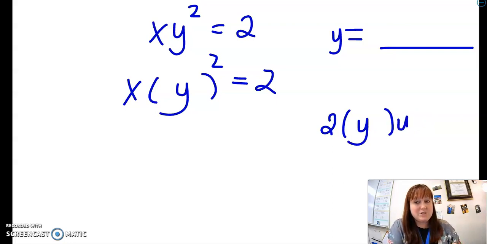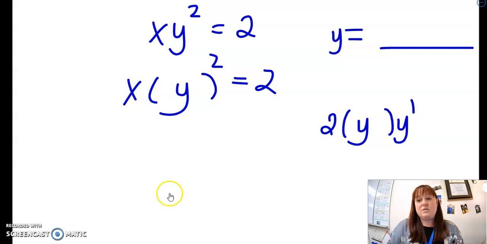So I can write it as just y prime. Oh, what? I can? Yes, you can. So the derivative of y squared with respect to x would be 2y times y prime, because I took the derivative of the outside function with the inside function still intact, which is the y, times the derivative of the inside function, which is just y prime.